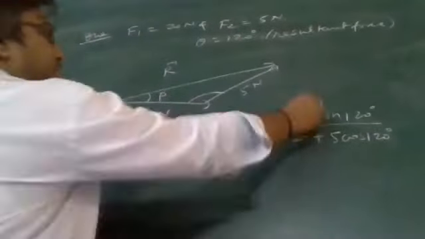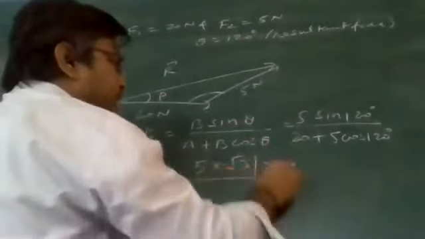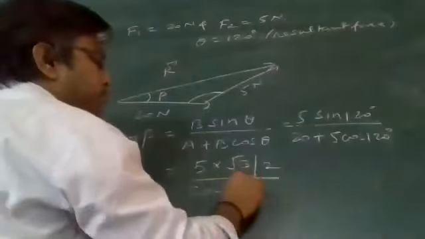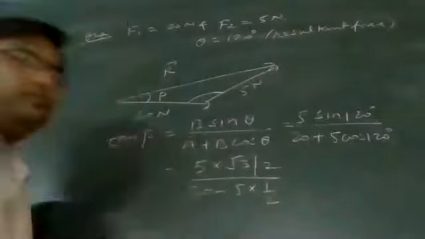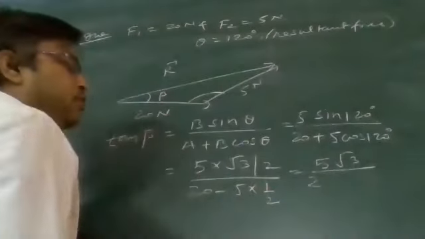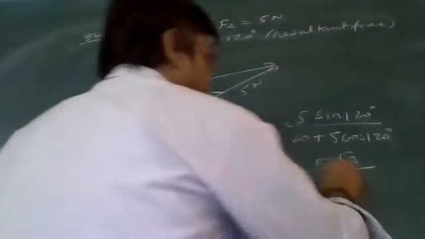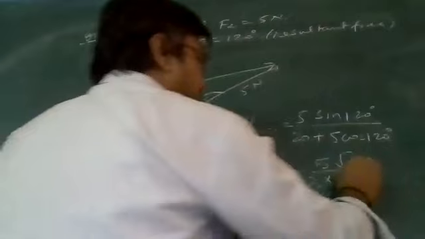Okay, next, it is 5 root 3 by 2 divided by 20 minus 5 into 1 by 2. So what will I get here? It is 5 root 3 divided by 2, over 20 minus 5 by 2. So what will I get here? 2 into 20 is 40, so you will get 35 by 2.